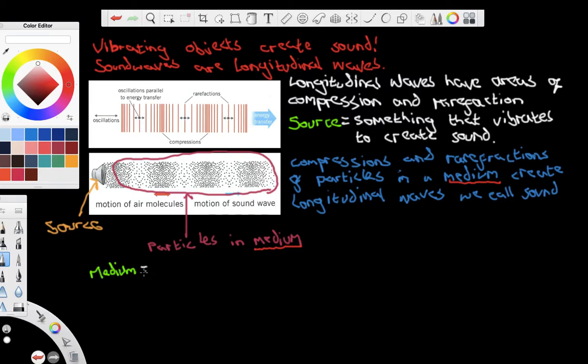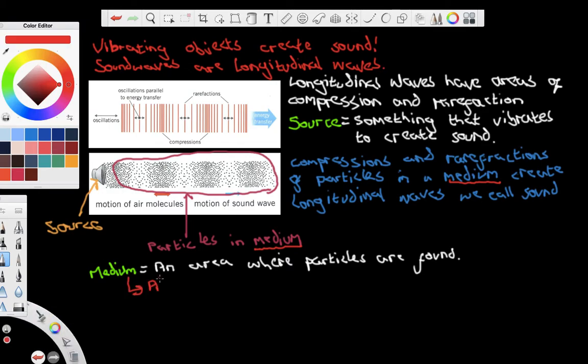So we can say an area where particles are found, and we can add underneath there, and I'm going to put it in red, always a solid, liquid, or gas.